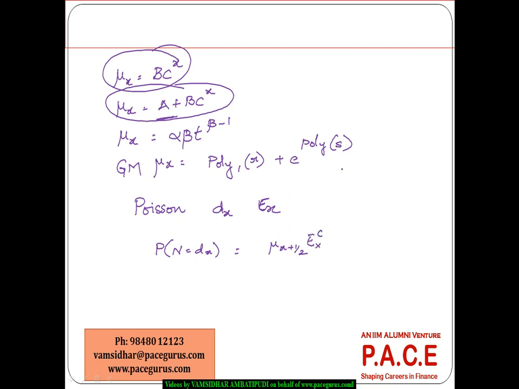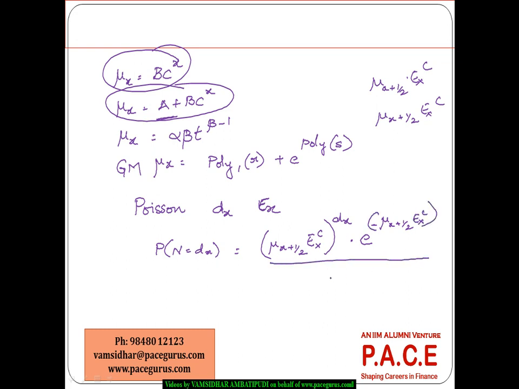That is the mean. The mean is mu x plus half into central exposed to risk in case of the Poisson distribution. Even the variance goes out to be the same. So that's where lambda power number of deaths observed, e power minus lambda, where lambda is nothing but mu x plus half into central exposed to risk, e power minus lambda, lambda power dx by dx factorial.